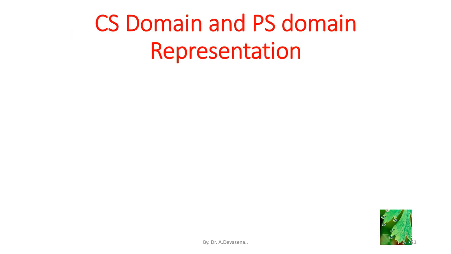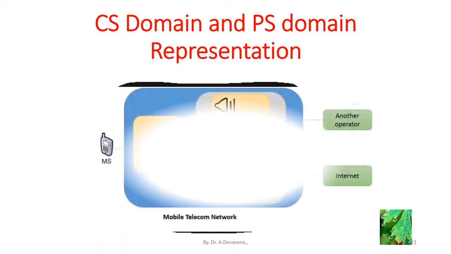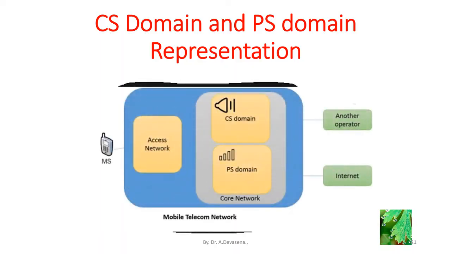CS domain and PS domain representation is shown below. Here is a representation. The mobile station is connected to the access network. The access network is connected to the core network. The core network comprises of two domains. One is PS domain, packet switched domain, and the other one is CS domain, that is circuit switched domain.